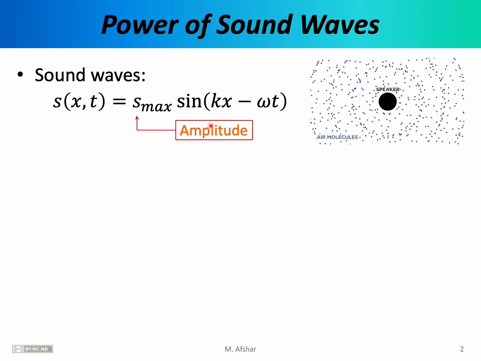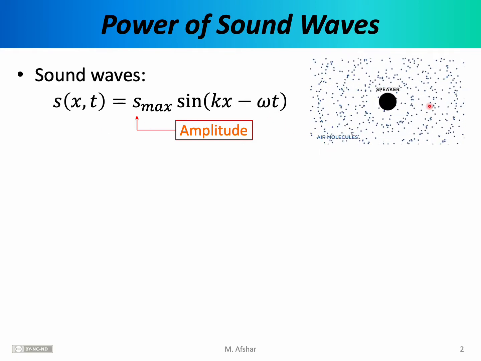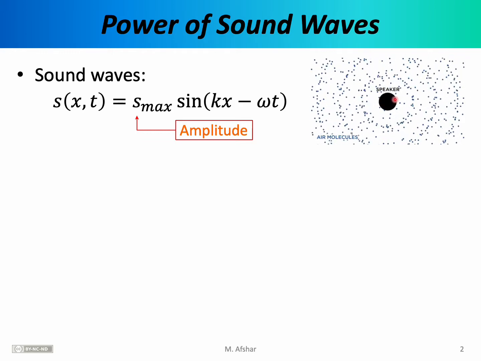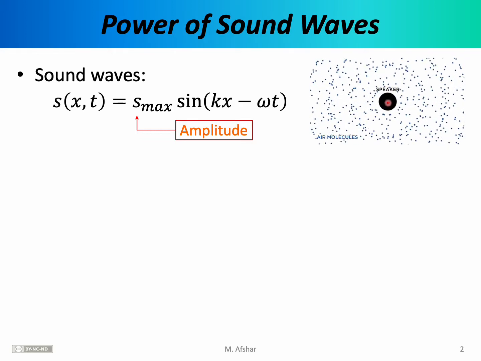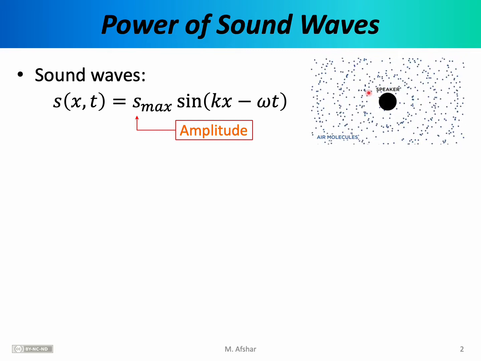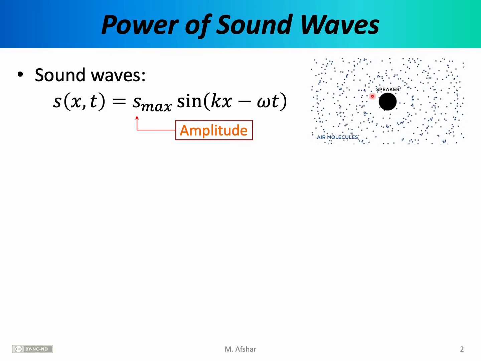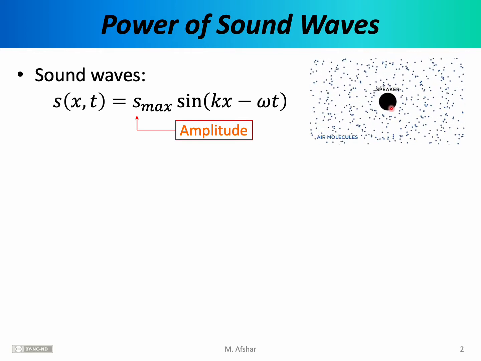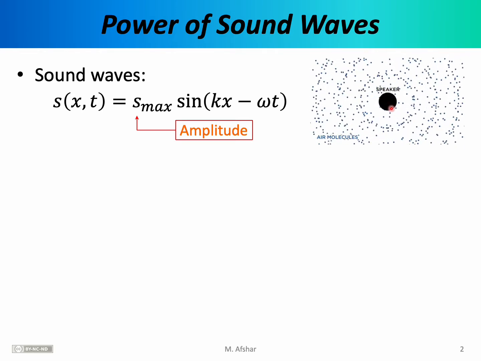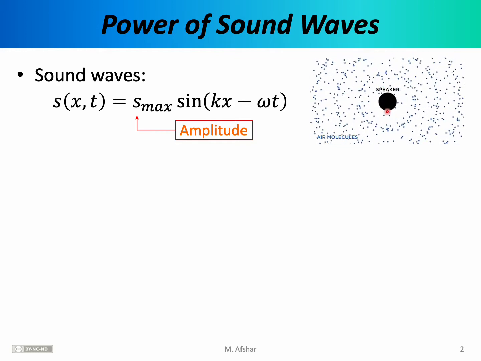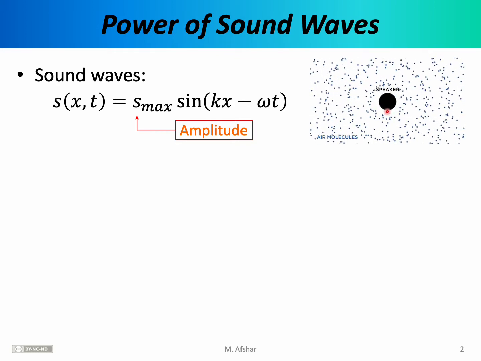So this function is basically describing the displacement of individual air molecules, for example, as an audio speaker generates sound. Here I'm imagining an audio speaker as the source of the sound waves, but this could also be a person speaking, in which case your larynx or voice box would be the source, or this could be you simply clapping your hands.